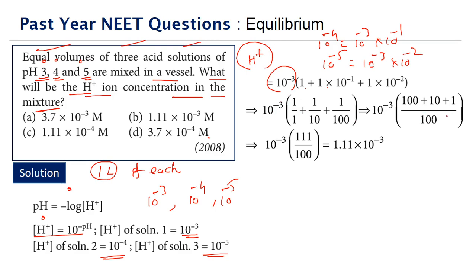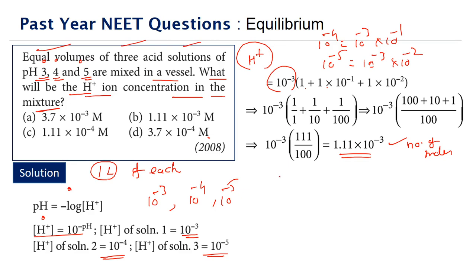On taking an LCM and simplifying it, what do we have? The number of moles of H plus, because we are taking 1 liter each of the solutions, will be equal to 1.11 into 10 to the power of minus 3, after taking the LCM. And this is the number of moles. We are supposed to find the concentration.